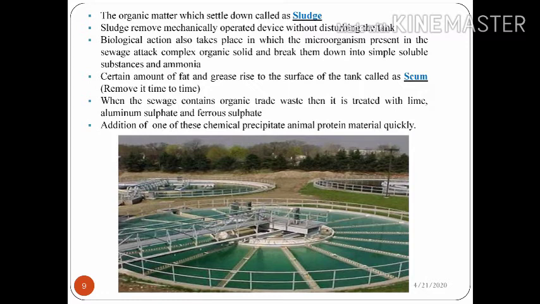A certain amount of fat and grease rises to the surface to form scum, which is removed from time to time and disposed of. When the sewage contains organic trade wastes, it is treated with chemicals such as lime, aluminum sulfate, and ferrous sulfate. Addition of one of these chemicals precipitates the animal protein material quickly. Move on to the next slide.